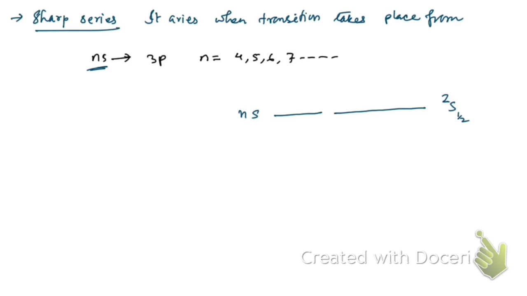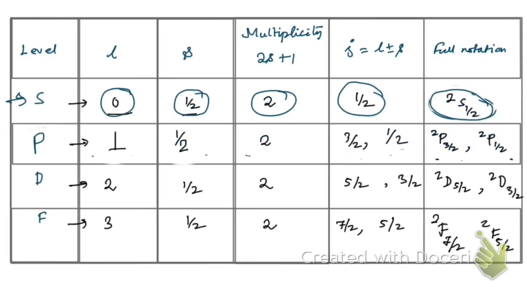So now let's draw the 3p level. So for p level, you can see the value of L, that is the orbital quantum number, is 1, and the spin quantum number is half, multiplicity is 2, and L plus s is this, and L minus s is this, right? So that's why the full notation should be multiplicity, and this is L plus s, this is multiplicity, L minus s, that means the value of j, right?